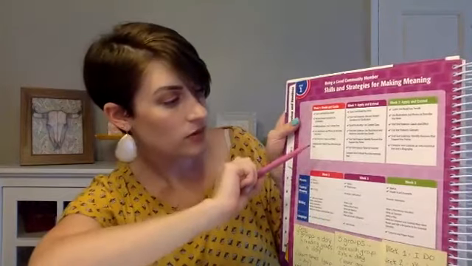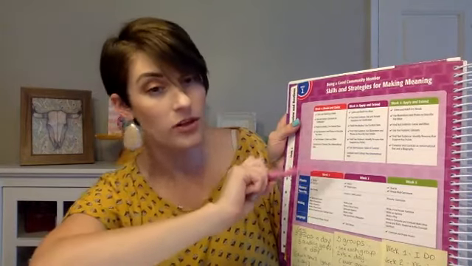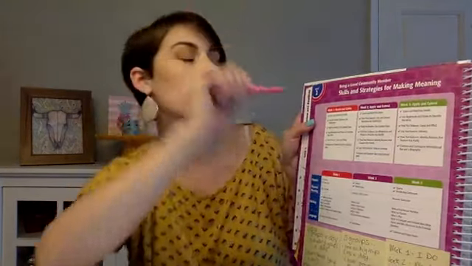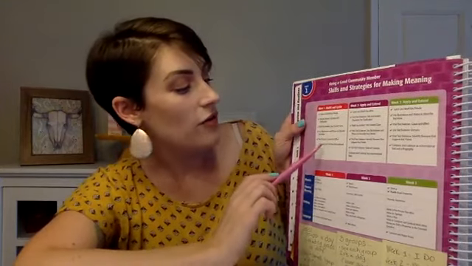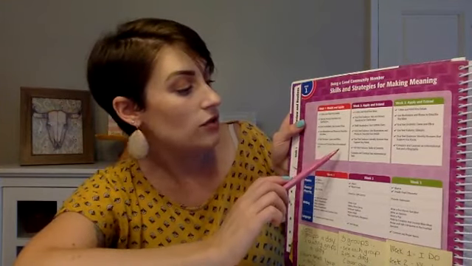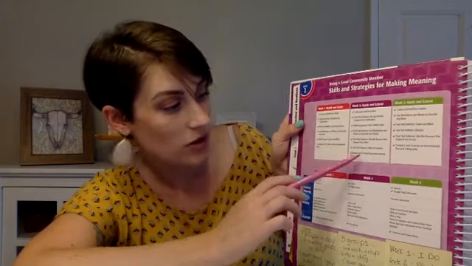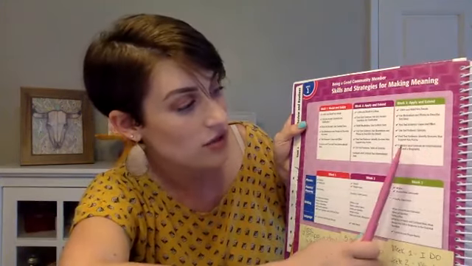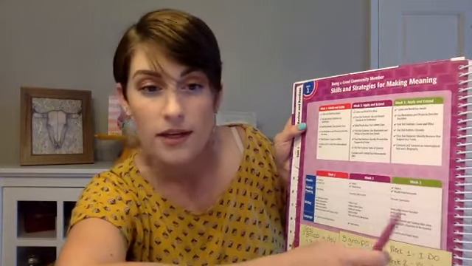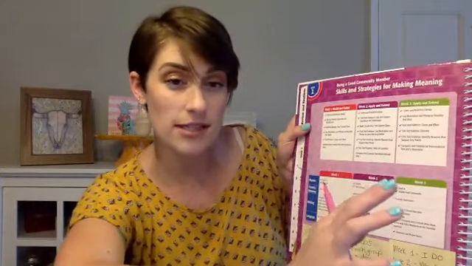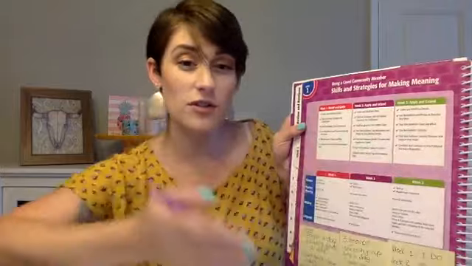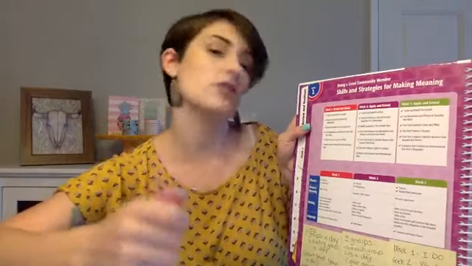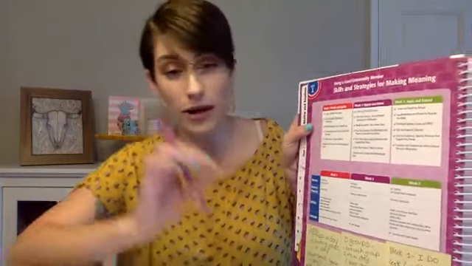And then we always are going to have a compare-contrast lesson at the end of our week. So here our focus is to compare and contrast 2 informational texts, and to compare and contrast informational text and a biography. So the strategy is the same. Like I said, there might be variation once you actually open up to that lesson and teach it, but the strategy is the same, so I'm just going to write compare contrast for all three.